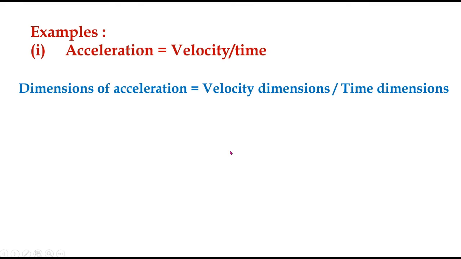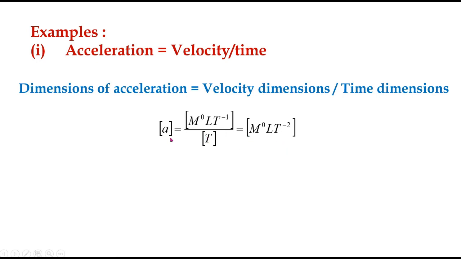Another example: acceleration is equal to velocity by time. So dimensions of acceleration is equal to velocity dimensions by time dimensions. The velocity dimension formula M^0 L T^-1 divided by the dimension formula of time, denoted by T. So finally, after simplification, we get M^0 L T^-2.